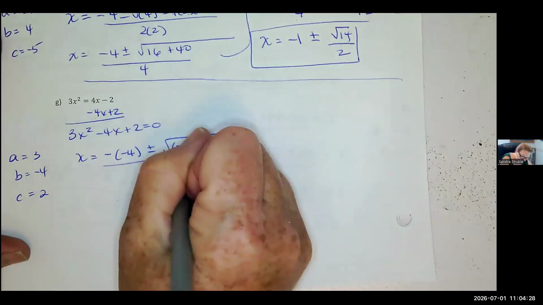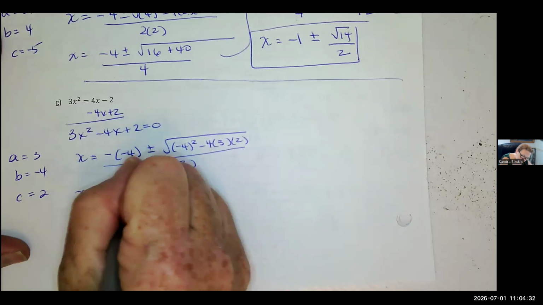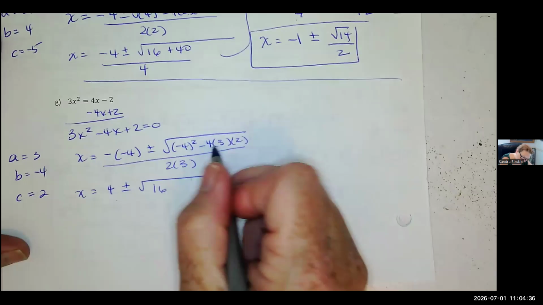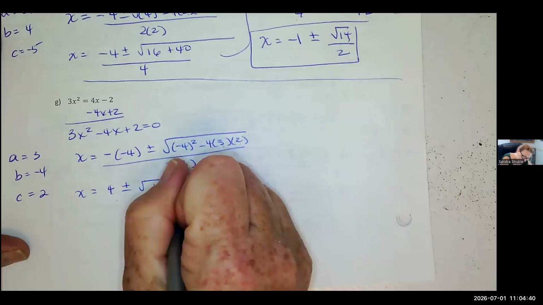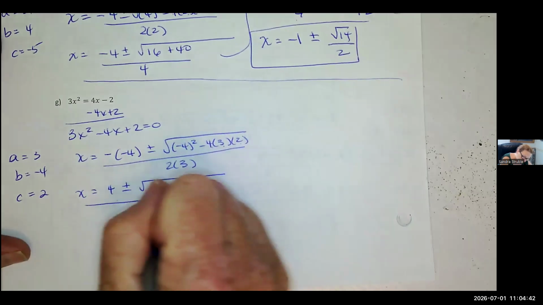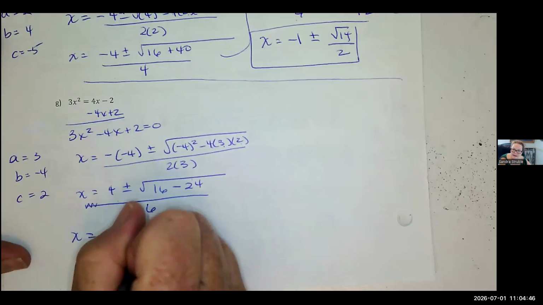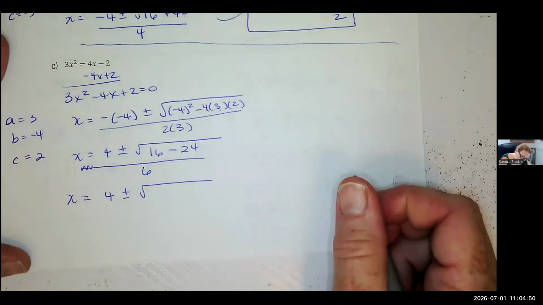Negative -4 is 4 plus or minus the square root of -4 squared is 16. 4 times 3 is 12. 12 times 2 is 24. And then 4 plus or minus the square root of, okay, 16 minus 24 is -8. And all of this is over 6.